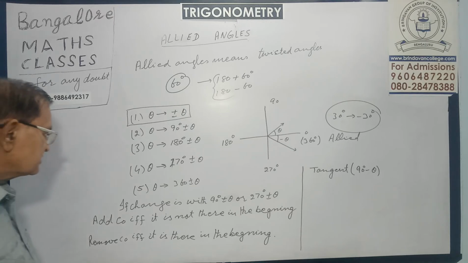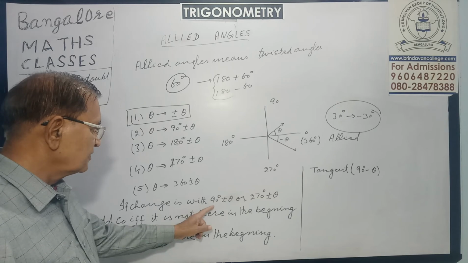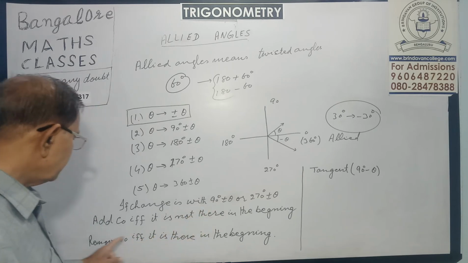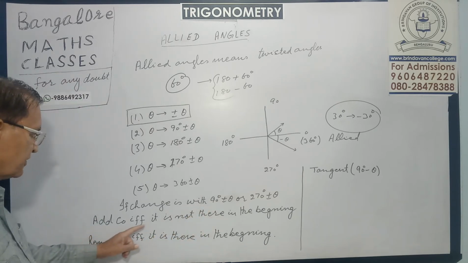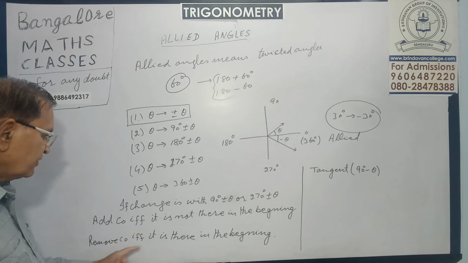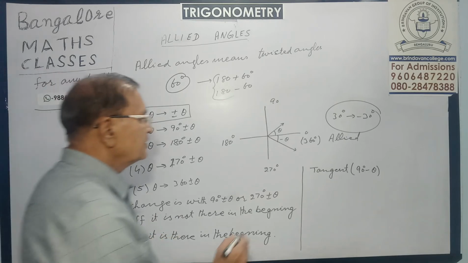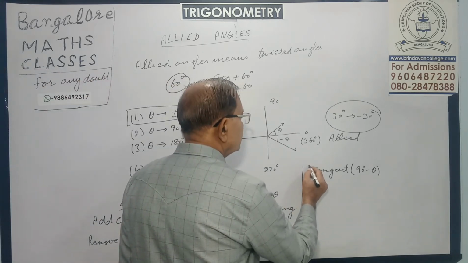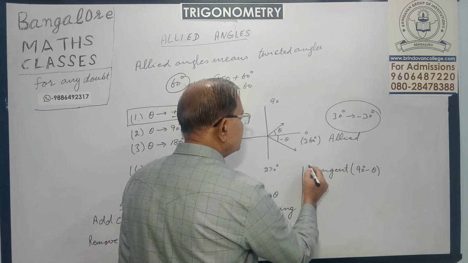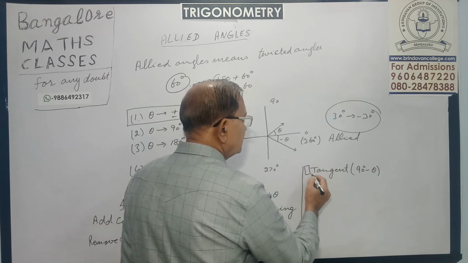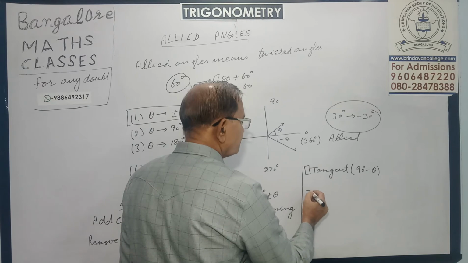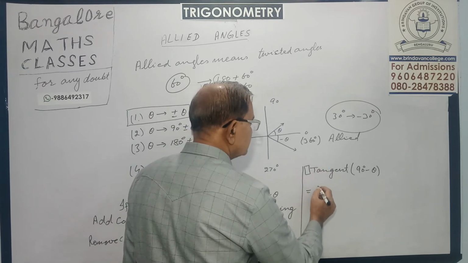See, now it changes with 90. It means what we have to do? Add co if it is not there in the beginning, remove co if it is there in the beginning. Here see the beginning. It's not with co, it is tangent. Thus I have to put co, that is cotangent.